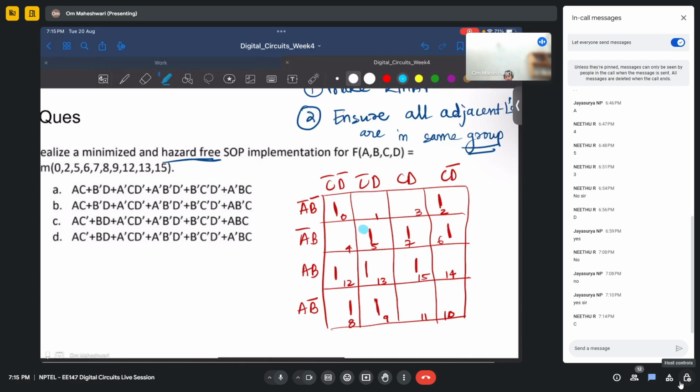The first group that I see is this one. This group is B and D, right? It is BD.